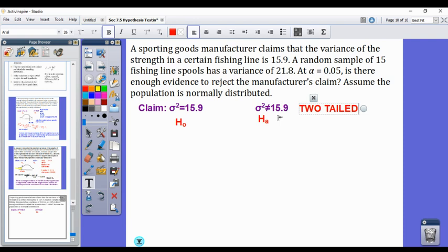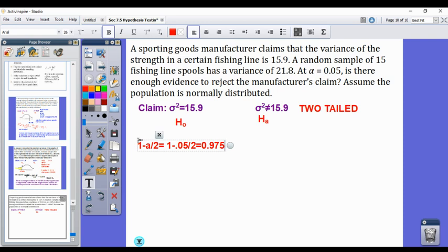Okay, so since this is a two-tailed test, we're going to have two chi-squared values. And to figure that out, we're going to do two things. We're going to do 1 minus alpha divided by 2 and also alpha divided by 2. So 1 minus alpha divided by 2 is the same as 1 minus 0.05 divided by 2, which is 0.975.